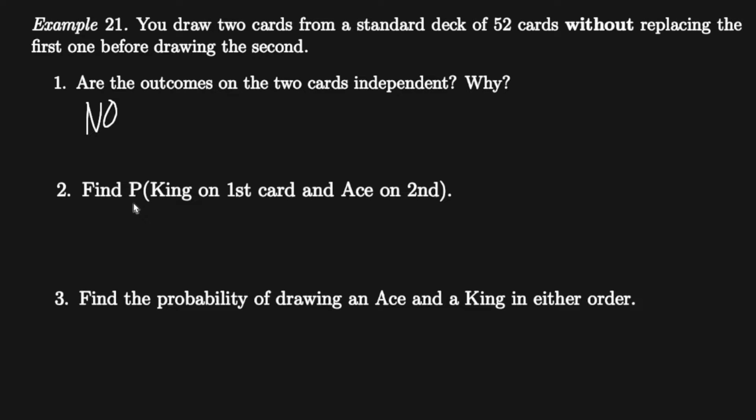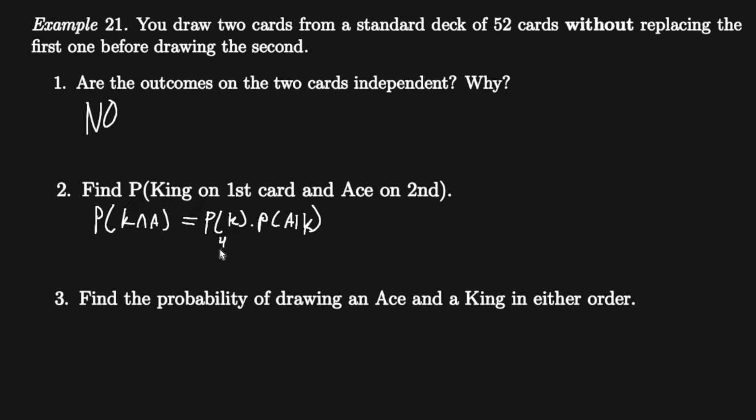It says find the probability of king on the first card and ace on the second. So this is the probability of K and A, which is equal to the probability of K times the probability of A given K. We know the probability of K, which is kings.